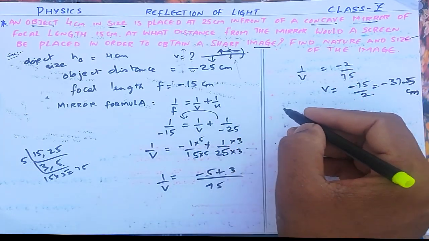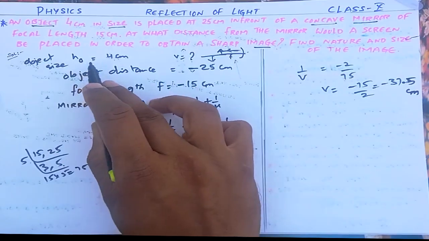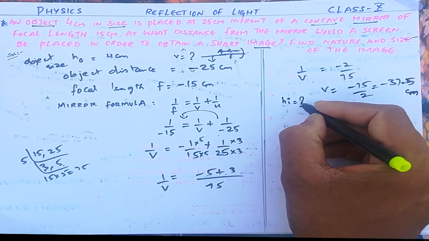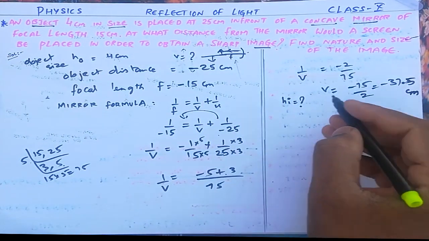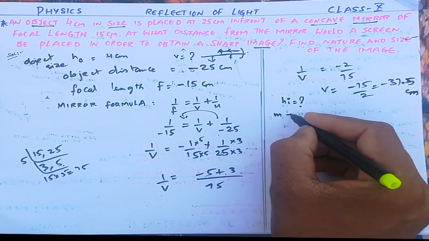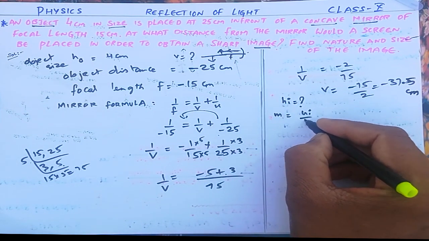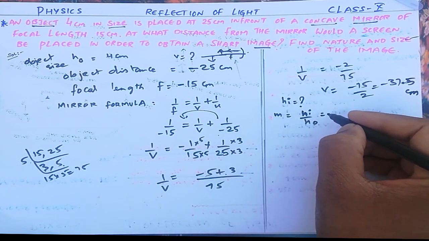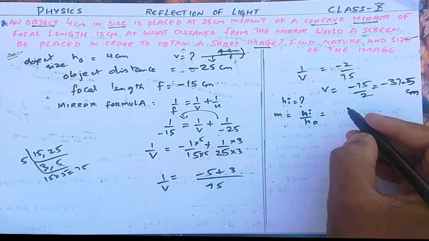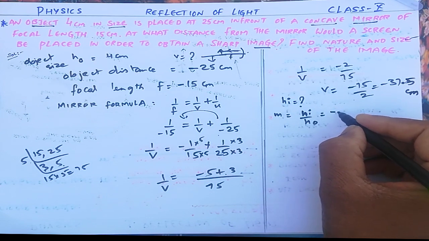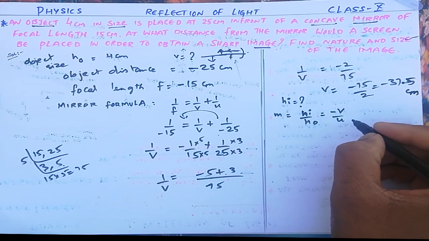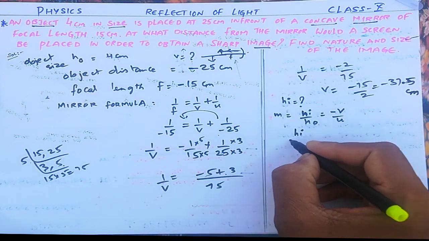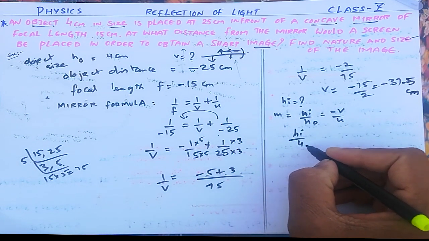Nature we need to find out. In the question, HO is given, we will find out HI, that is image size. We got image distance, so we will find out image size. M equal to HI by HO, but the magnification value M is not given. So we will take another formula, M is minus v by u, that is image distance by object distance. We substitute HI by HO, value given as 4.